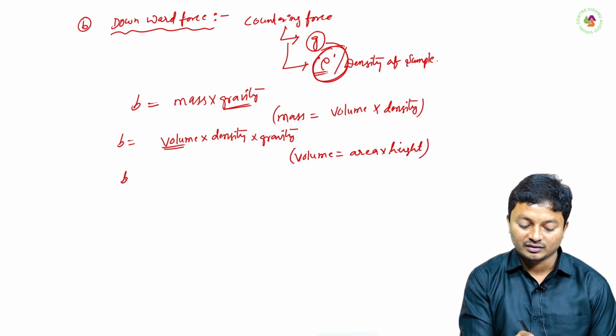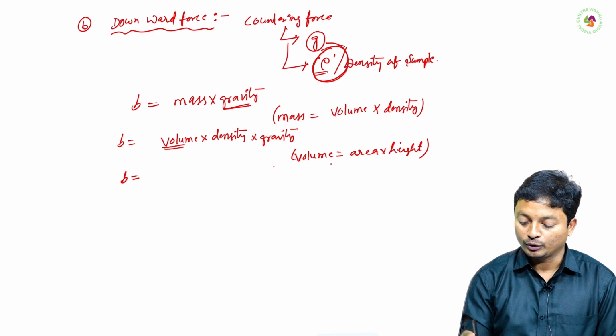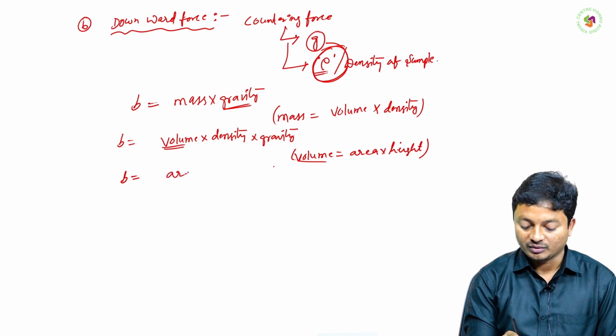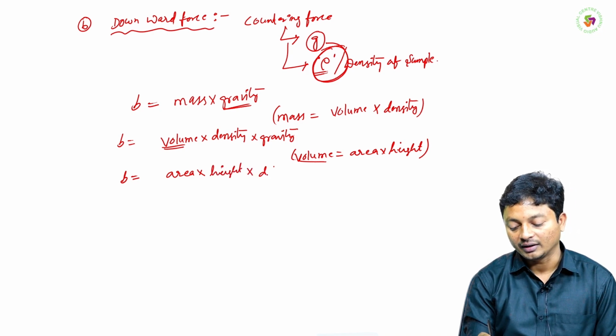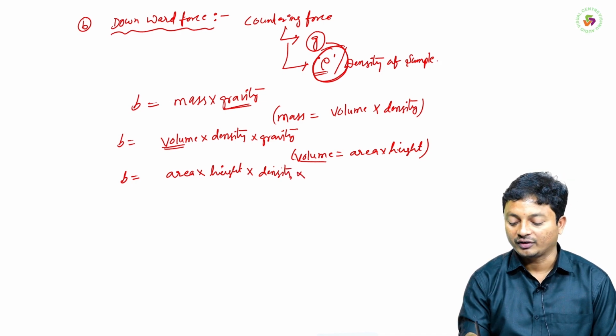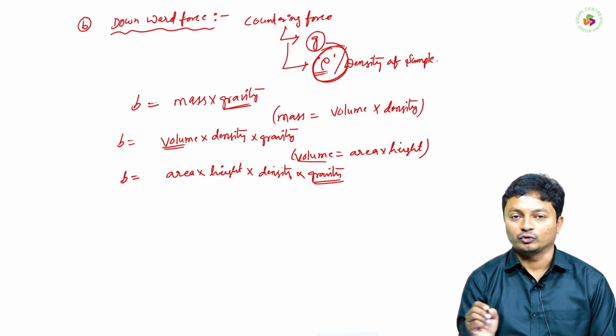So let us substitute the volume into the above equation. Now this equation can be written as area into height into density into the gravitational force, that is the countering force.